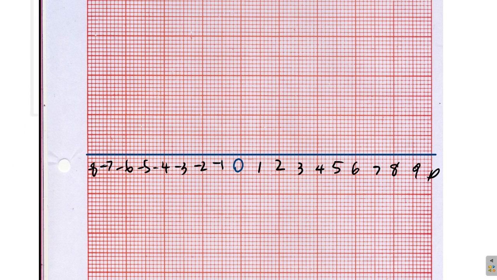In order to represent complex numbers, mathematicians use a vertical axis. First of all, the horizontal axis represents the real part of the number line. Then the vertical axis represents the imaginary part.